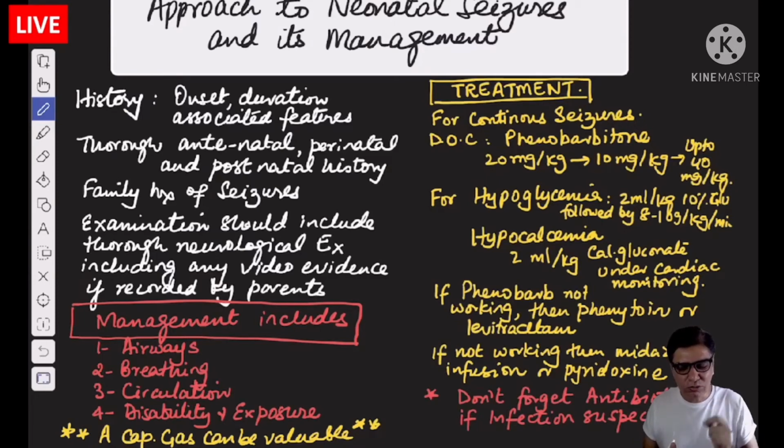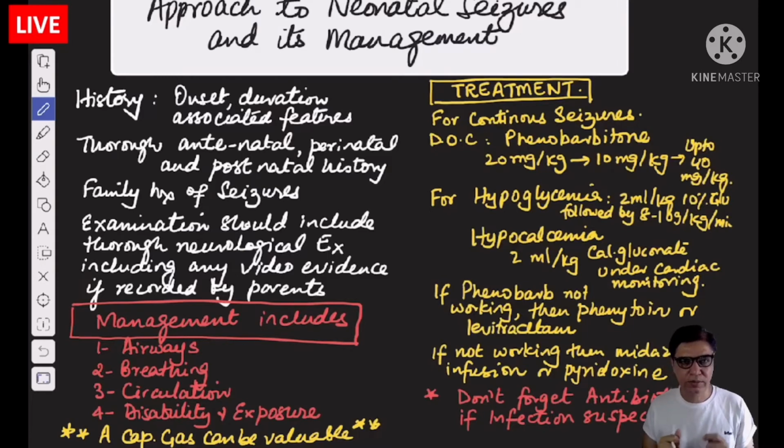But also keep it in mind, if you are suspecting sepsis, if you think that the child is peripherally shut down, he has got fever, he's got other features which might point towards sepsis, then it's very important to give them IV antibiotics straight away.